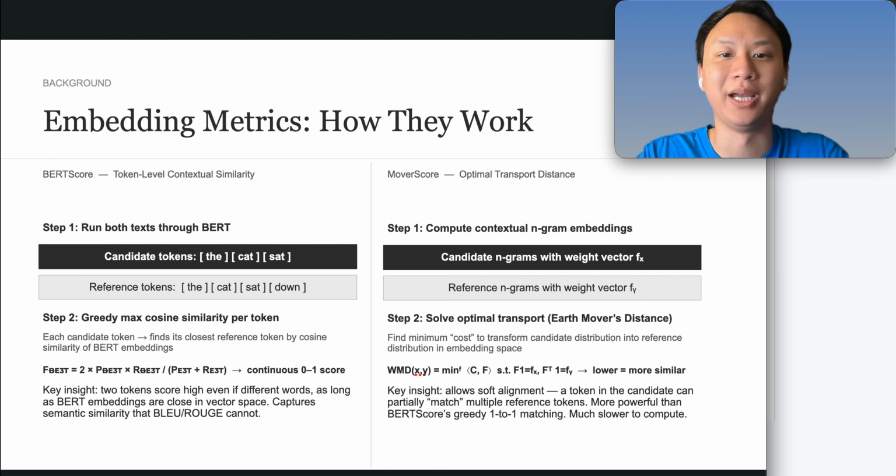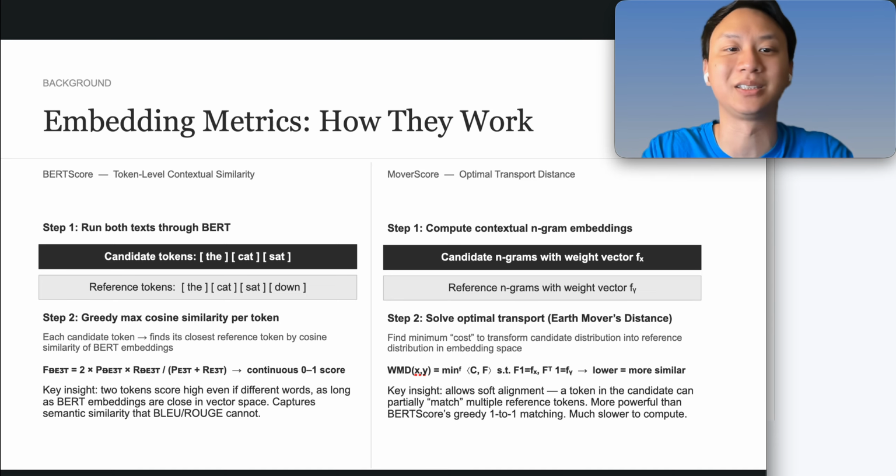And so that would be how it maps the score. And so in mover score, it's a little bit more continuous, right? So BERT score is a little bit more word for word, but for mover score, you're actually mapping the entire response in the embedding space for both the reference and the candidate, and you're computing the distance between the two holistically, right?